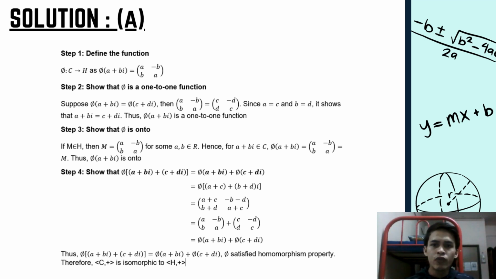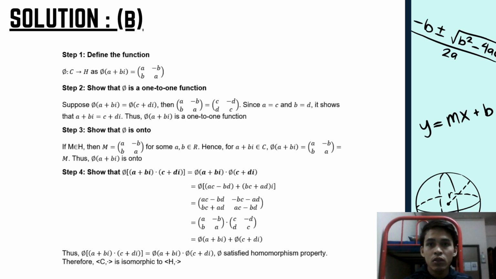Thus, phi((A plus BI) plus (C plus DI)) is equal to phi(A plus BI) plus phi(C plus DI). Therefore, phi satisfies the homomorphism properties. Okay, therefore, C plus is isomorphic to H plus.